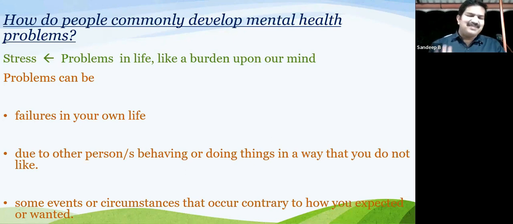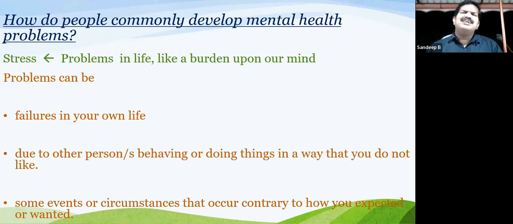In some families, it might be a little more, in some families, a little less. But nurture, that is the environmental factors. Nature versus nurture. Nature is the genetic factors and nurture is the environmental upbringing and all the environmental factors. So both nature as well as nurture play an important role in the development of mental health problems.